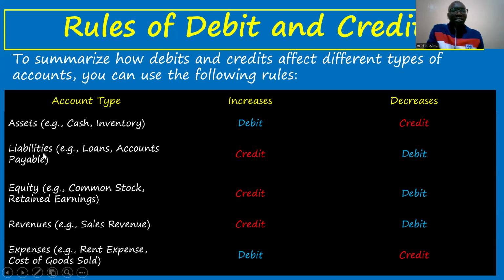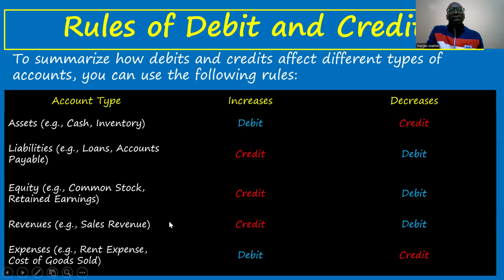Then we have liabilities. With the liabilities, for the increases you credit, and for any decrease in the liabilities, you debit. Then the equity: any increase you credit and any decrease you debit. Then the revenues, al-iradat.